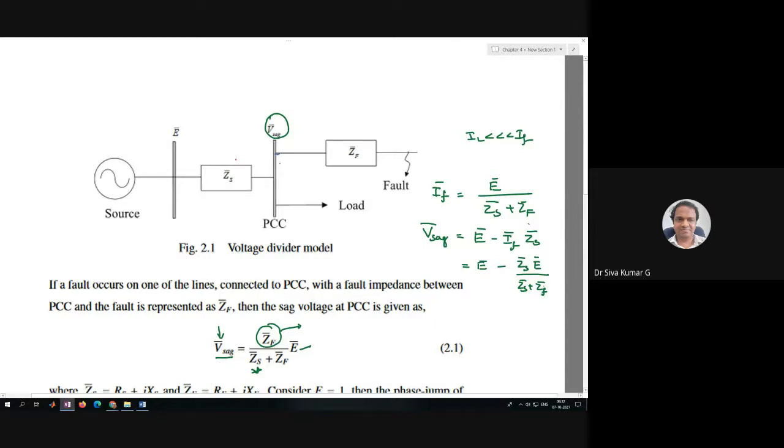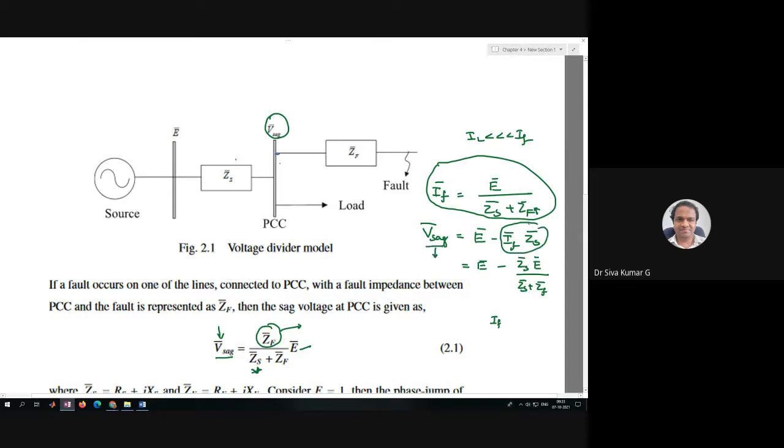What I mean to say is that if the fault occurrence from the PCC is very far away, then obviously the impedance is much higher also. When the fault location is very far away, this impedance is very much higher. In that case, the fault current is very low. Then we have a much lesser drop, so the magnitude reduction is very small.